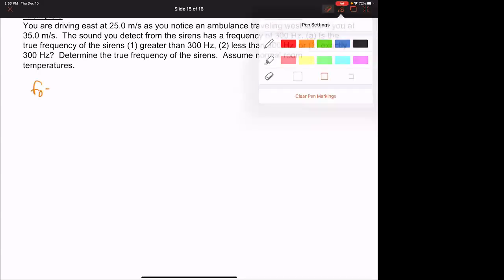So let's write down our variables. The velocity of the observer is 25. The velocity of the source is 35. The sound you detect, that's the observed frequency, is 300 hertz.